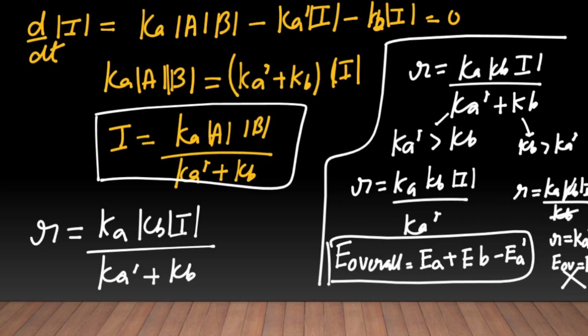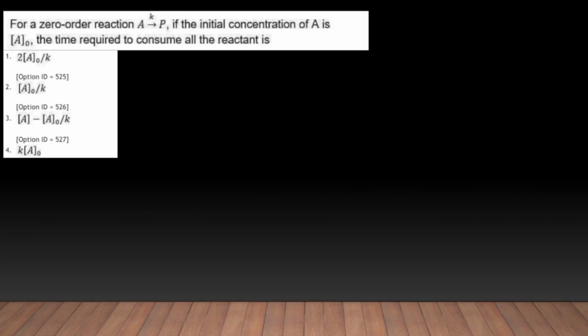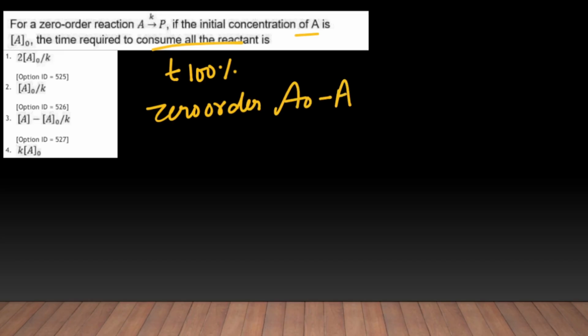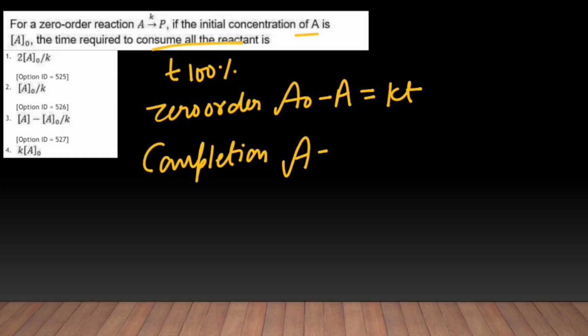Okay. Now the next one we have is this question. It says that for a zero order reaction, the initial concentration of A is A naught. The time required to consume all the reactants, which means T 100%, is being asked. So for the zero order, the integrated expression is A naught minus A equal to Kt. For completion, all the reactants have converted into product, so the remaining concentration A will be 0.